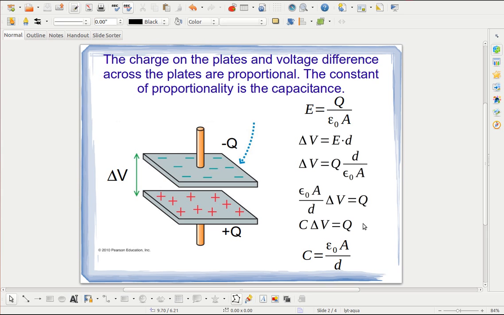And that tells us that when you have two parallel plates with an area A and they're separated by a distance D, their capacitance can be calculated using this equation. The epsilon naught, remember, is a constant. It's in the inside front cover of your textbook. It is 8.85 times 10 to the minus 12.